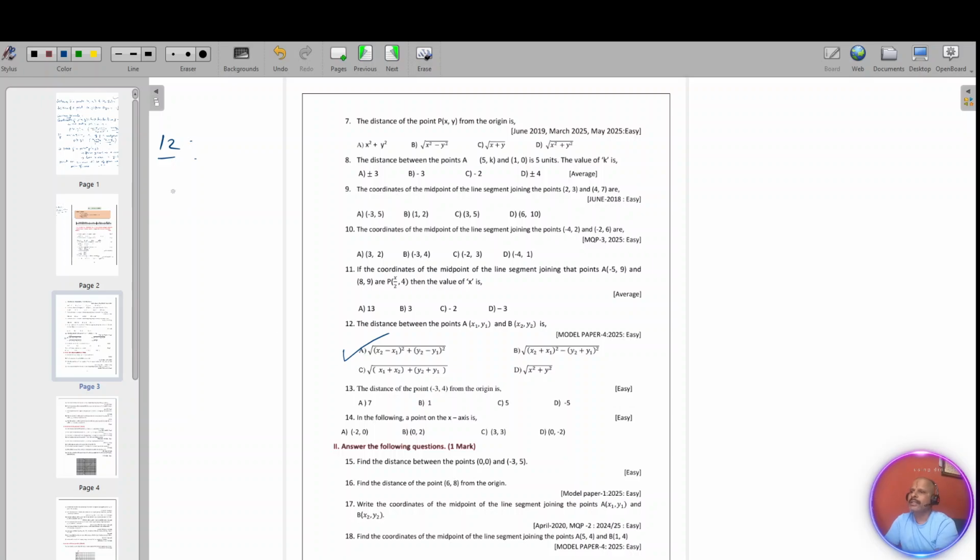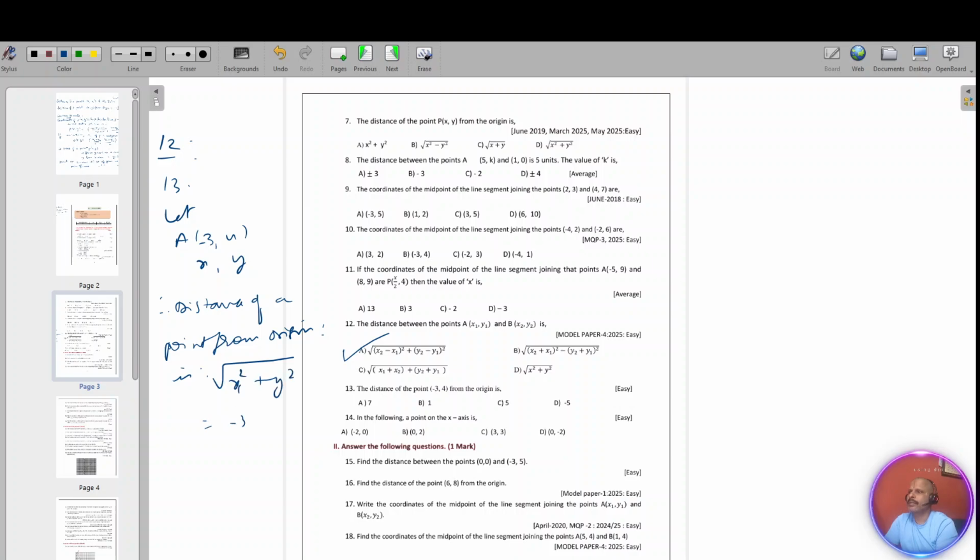See, 13th I can say, let A of (minus 3, 4) be (x, y). Therefore, distance of a point from origin is the square root of x square plus y square.